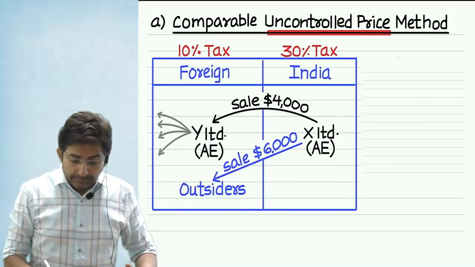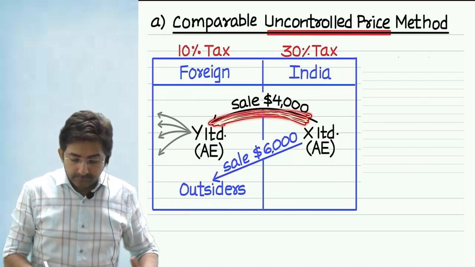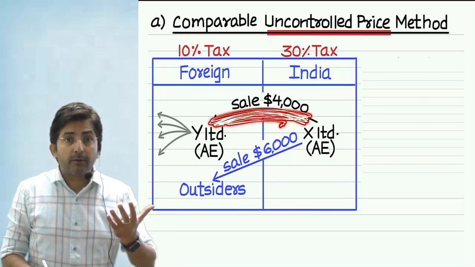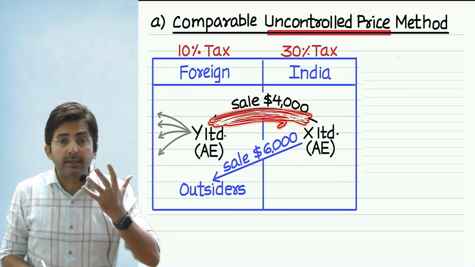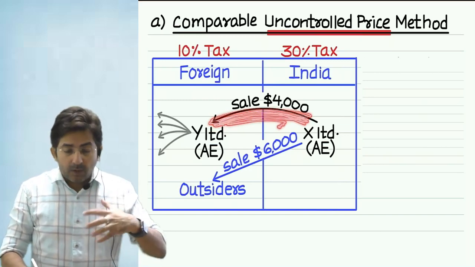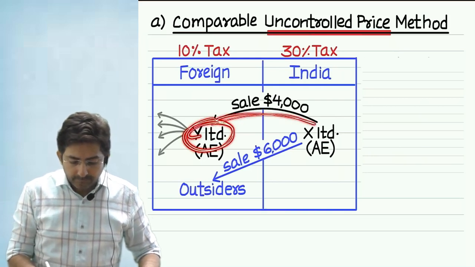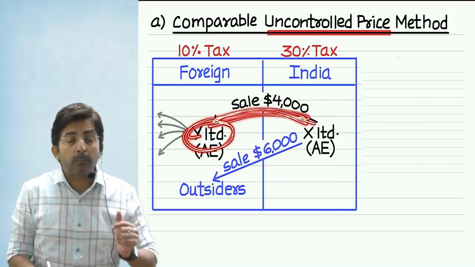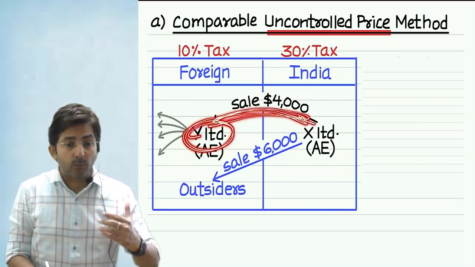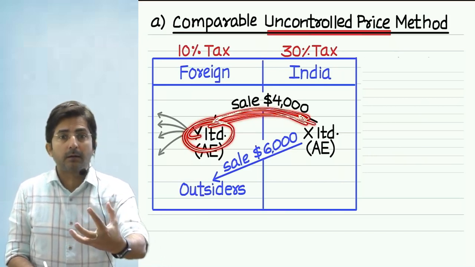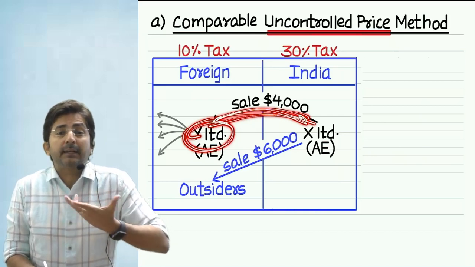But in case of our transaction with Y Limited, we have given them a bulk quantity discount. Means what X Limited is trying to say is that the order placed by Y Limited was in bulk, and whenever someone places an order in bulk, there is a tendency of giving a discount.